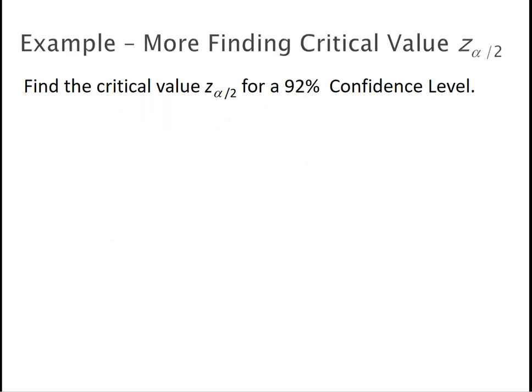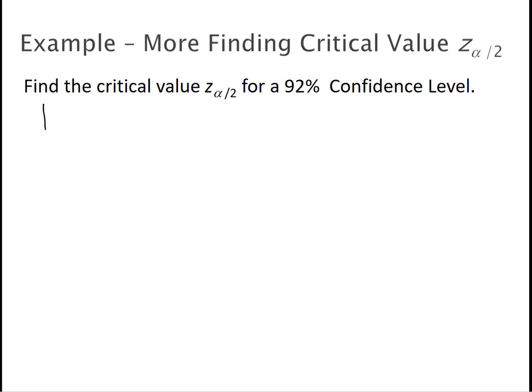In this example, we are asked to find the critical value z alpha over 2 for a 92% confidence level. This 92% is not one of the 3 easy ones that I'm given in my cheat sheet, so we're going to use the same method we just used in order to find this z alpha over 2.